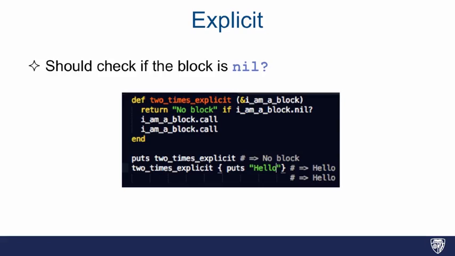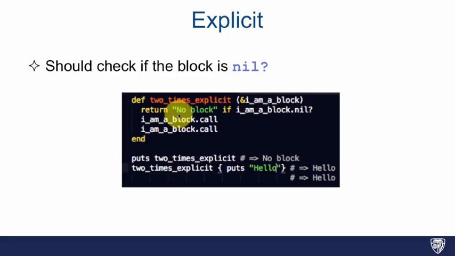And the explicit way is very similar, but in the explicit way, you're actually declaring that this method might be accepting a block. And then you check for the existence of a block similarly with a .nil? call to see if a block was given or not.